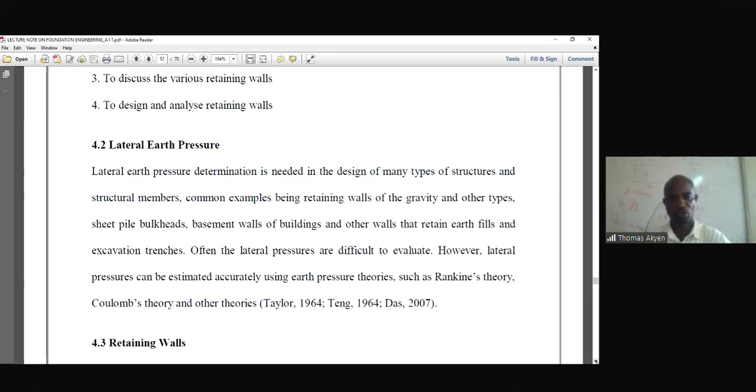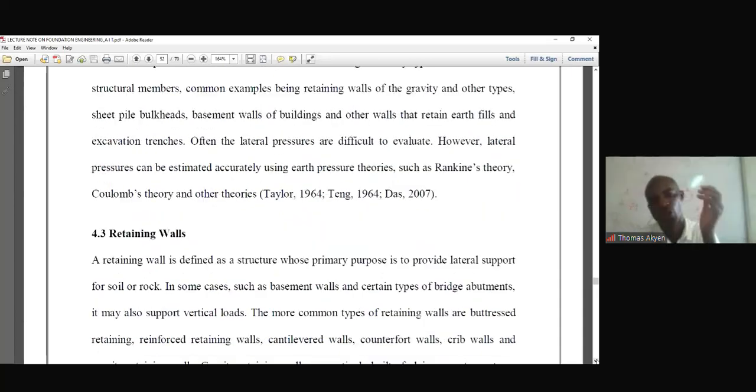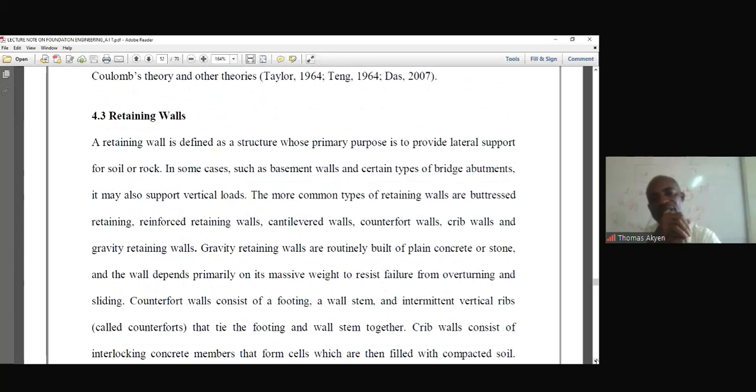Retaining walls are walls that provide lateral support for soil or rock. In some cases, such as basement walls, it may also support vertical loads.